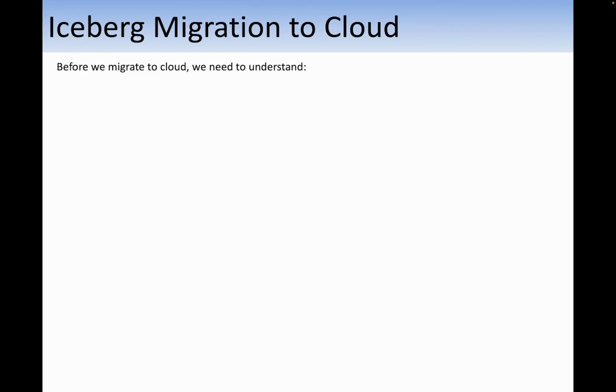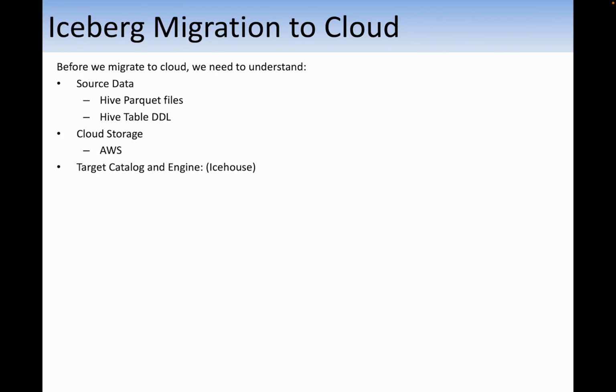Before migrating to cloud, you need to understand your source data, of course Parquet files, and what your Hive table DDL is. Then you need to know what your cloud storage is, and here I'm going to demo on AWS. Then your target catalog and engine, which is an Icehouse.